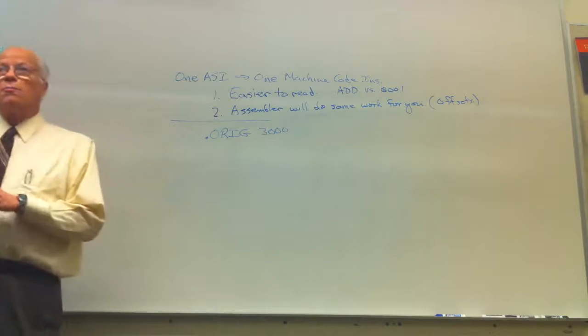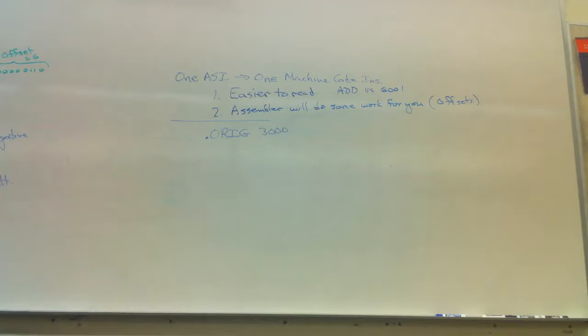It has become almost universal practice, not just on this machine, but on most of them. Any instruction that begins with that period is what we call an assembly directive. It tells the assembler to do something for you.